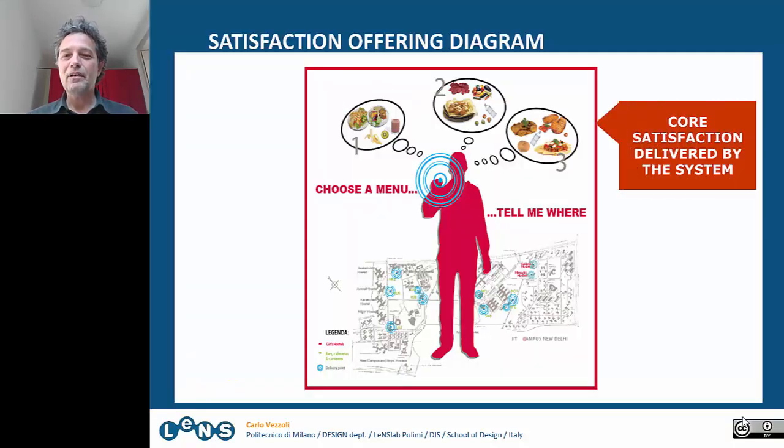Actually, it's quite easy. First of all, we define the core satisfaction that is delivered. So we have to find an image, or a set of images, that well represents and well emphasizes the offer that we are delivering with our sustainable product service system, eventually applied to distributed economy.